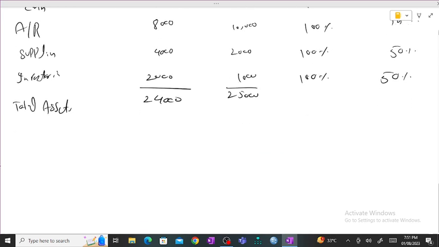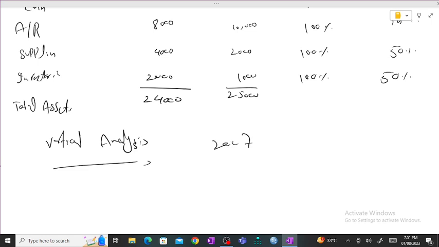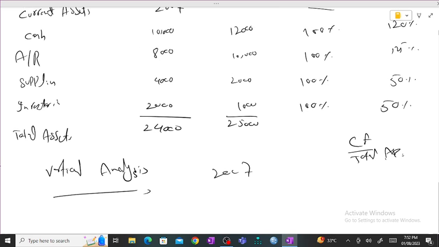Let's come on to the last one, which is vertical analysis. Let's calculate 2007. For 2007, the formula would be current asset divided by total asset. Keep in mind that it is a simple difference, total assets. So let's say we are calculating for cash: 10,000, a current asset, divided by the total, which is 24,000.